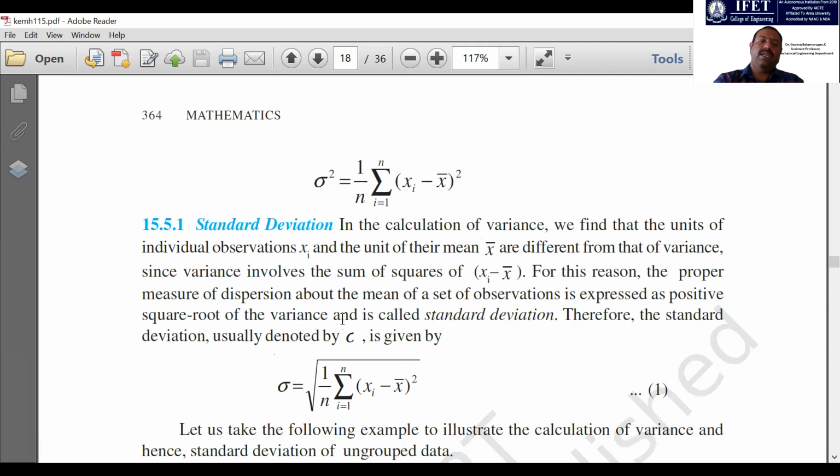The standard deviation explains the nature of scattering and how it is deviated from the true value. Okay. In this calculation of variance, we find that the units of individual observations and the units of the mean are different from the units of the variance, right? And we are summing and squaring, to get a proper measure of dispersion.